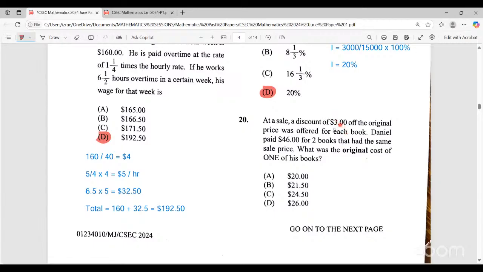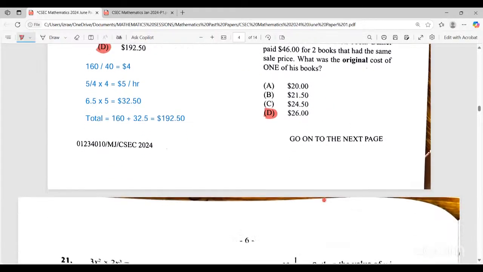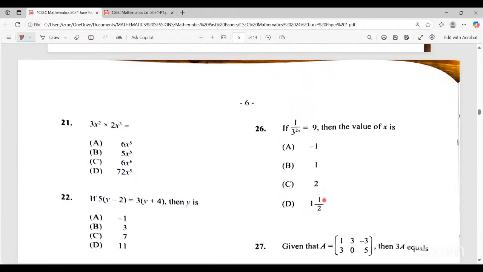You have to add back 3 to the 23 to get $26. The $23 represents the discounted price of the book, so the original cost would have been $3 more, which is $26, before the discount was taken.